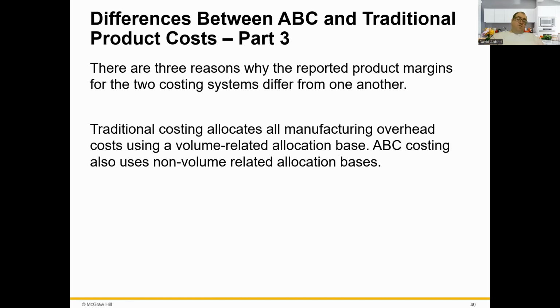More specifically, the traditional cost system allocates 60% of all manufacturing overhead to Sure Starts and 40% to Long Lives. The ABC system assigns 40% and 60% of the customer orders activity cost, a batch level cost, to Sure Starts and Long Lives, respectively.